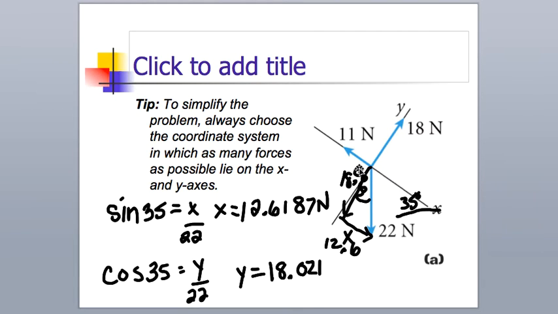The next step in the process, as the steps said, was to find the net force in each direction, or find the sum in each direction. So I want to look at my picture and see how many forces I have acting in the y direction. I have the normal force, 18 newtons, pointing out of the incline, and I have the y component of the weight force into the board.